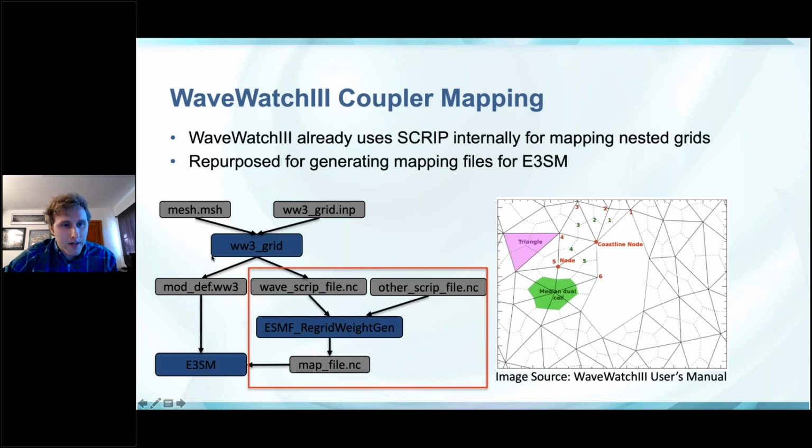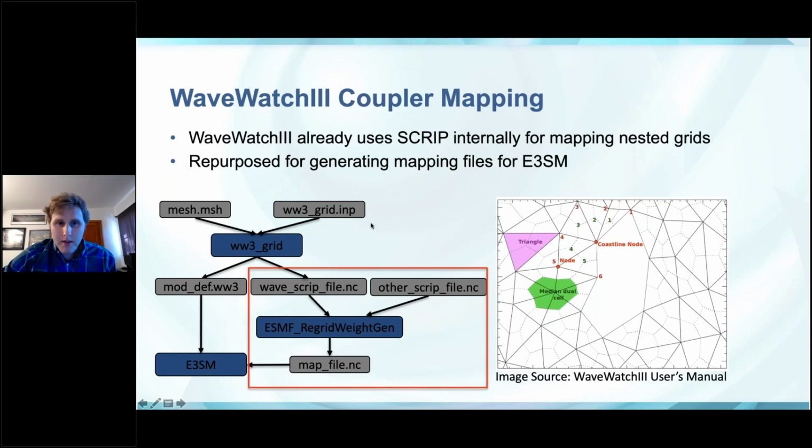There is an auxiliary preprocessor program for WaveWatch 3 called WW3 Grid, which typically takes in the mesh file and some extra model configuration parameters, and it creates this binary file, which is the main input to WaveWatch 3 inside of E3SM. So we've modified this to also include the SCRIP information for the grids, so that we can combine it with other SCRIP files and create the mapping files that are necessary to create new composites for E3SM.